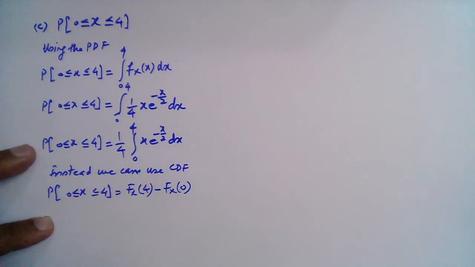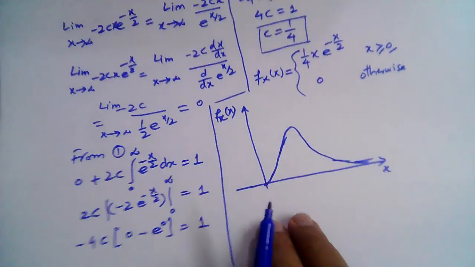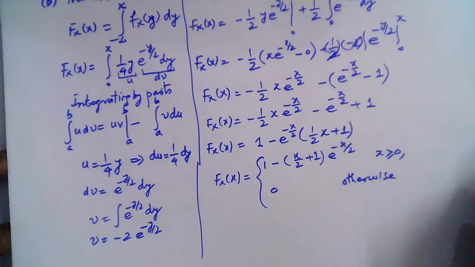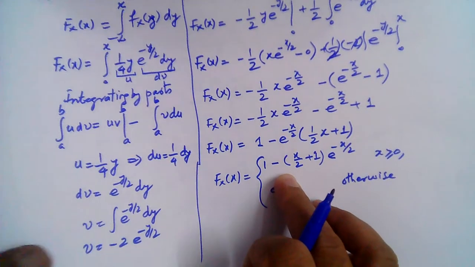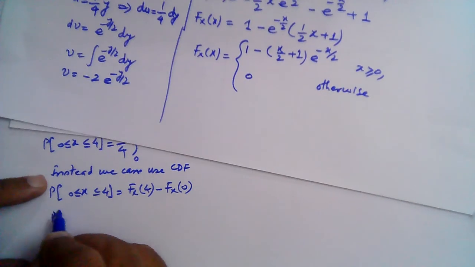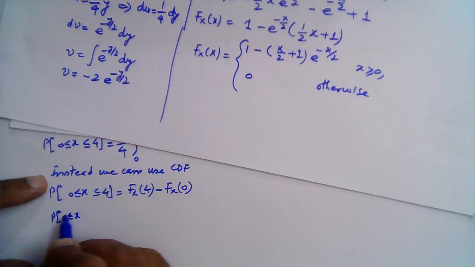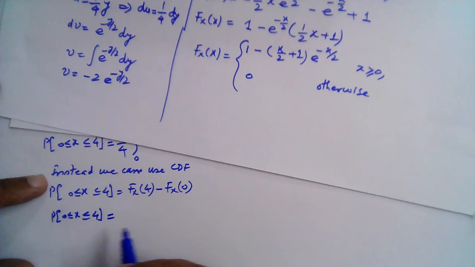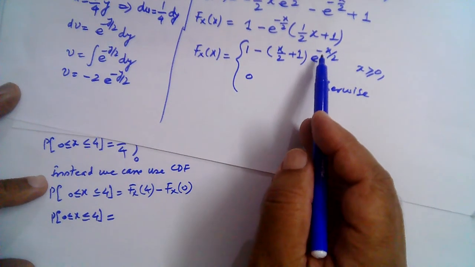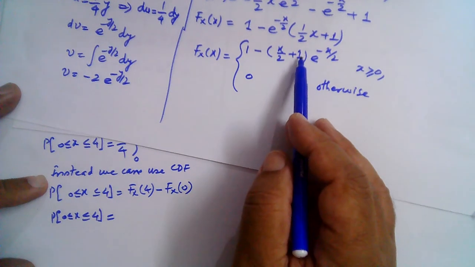So we can just put in the values in the CDF that we have already found. So the CDF we have found here, right? So the probability that x is greater than or equal to 0 and less than or equal to 4 is given by, let's substitute x is equal to 4 here.